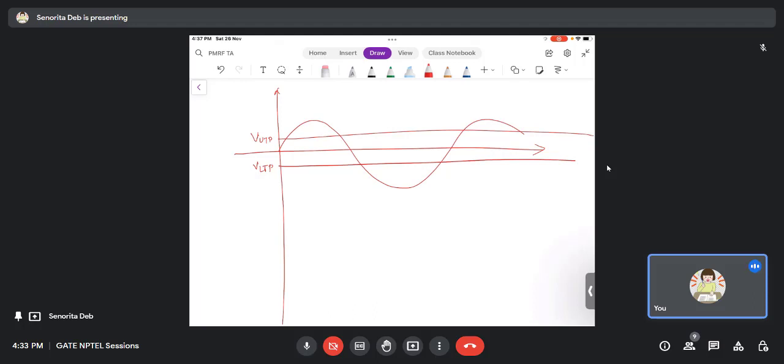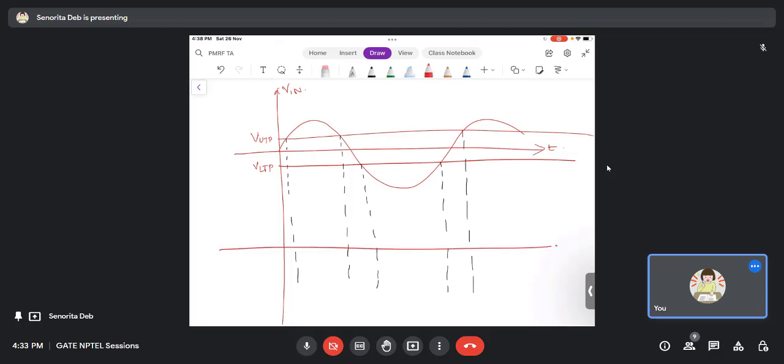It has to be a constant voltage. This is your Vin with respect to time. Now what will happen? This is VUTP. Here it crosses VUTP. Here it crosses VLTP for the first time. Here it crosses VLTP for the second time. Here it again crosses VUTP.